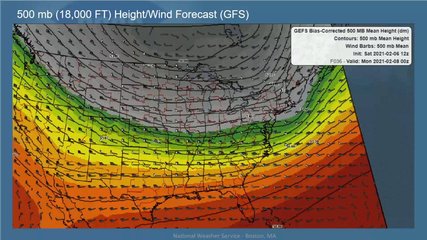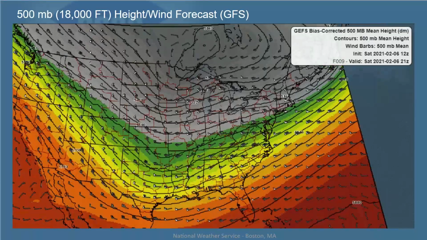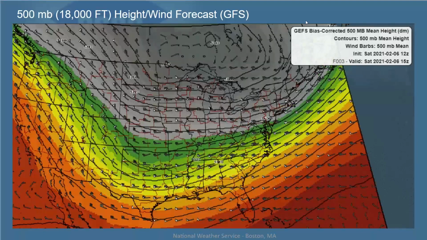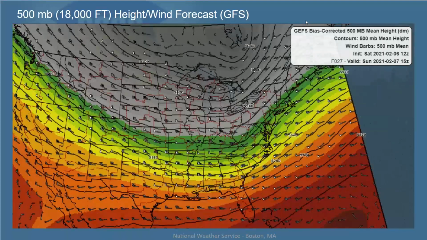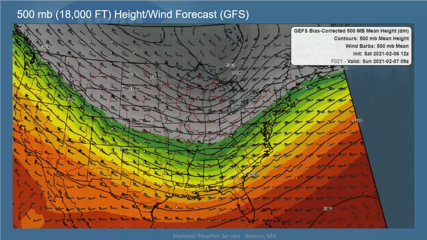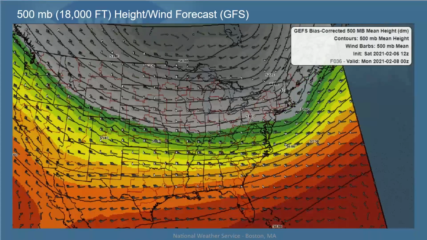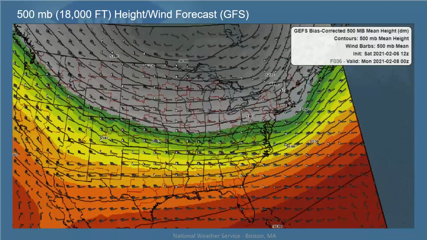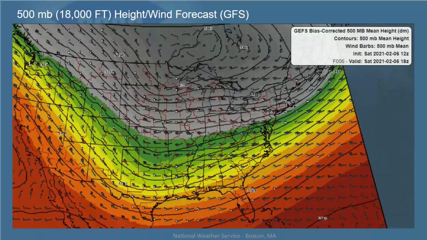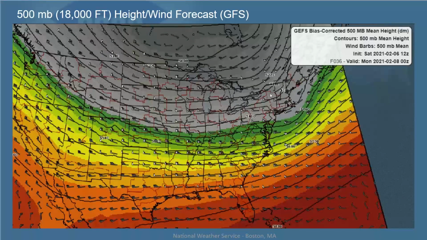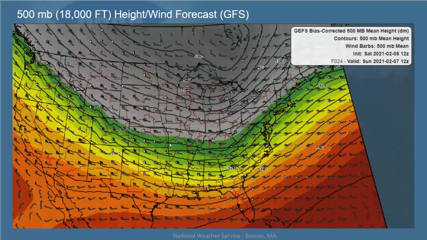So jumping ahead, this is what we call 500 millibars, but it's basically looking at, say, 18,000 feet off the ground in elevation. So you're thinking of sometimes where airplanes are flying. They often fly higher than that, but it gives you the general idea. And what you'll notice about what we call the upper flow, it's more of a west to east. There is a little component of it going from southwest to northeast.